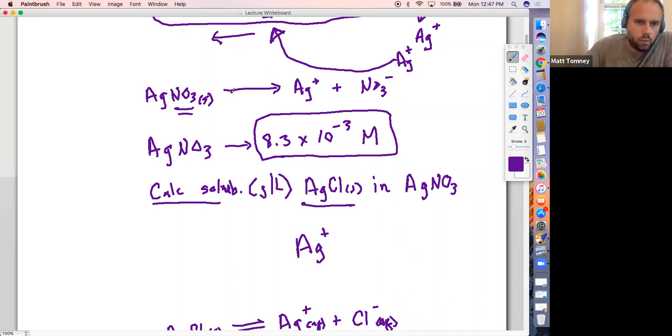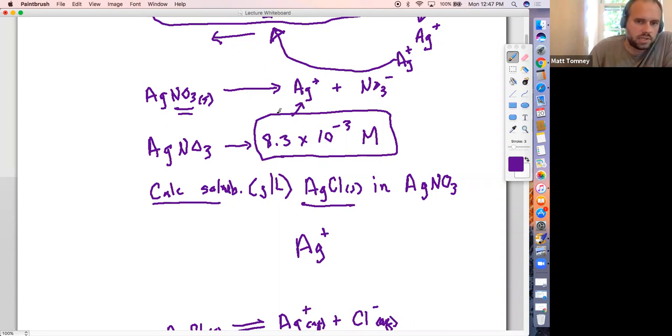Now, this is a 1-to-1 ratio here. So because of that, the concentration of the AgNO3 is also the concentration of the silver. Now you have to be careful, because if there was an example where this had a 2 or a 3 in front of it for the silver as far as the stoichiometric number, you would have to multiply the molarity accordingly, because it's releasing more moles as it dissociates of a given material.